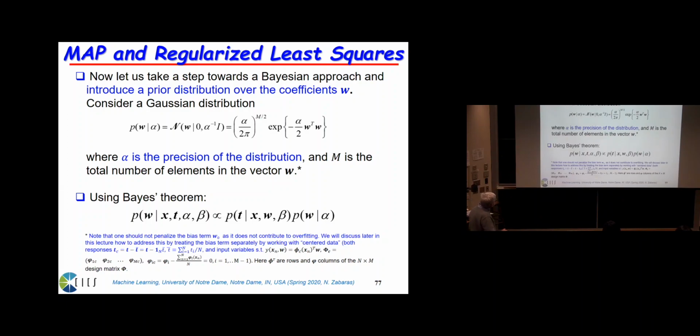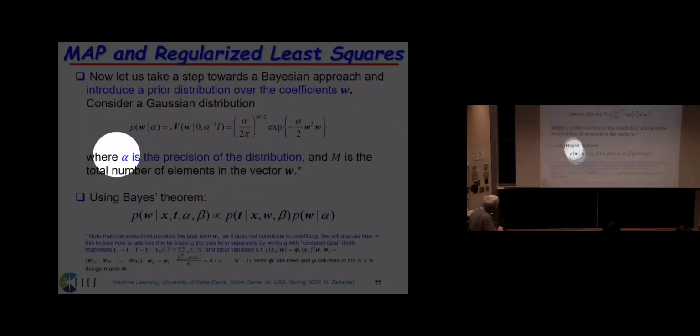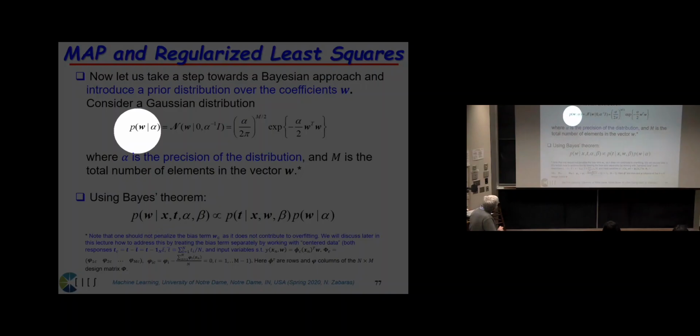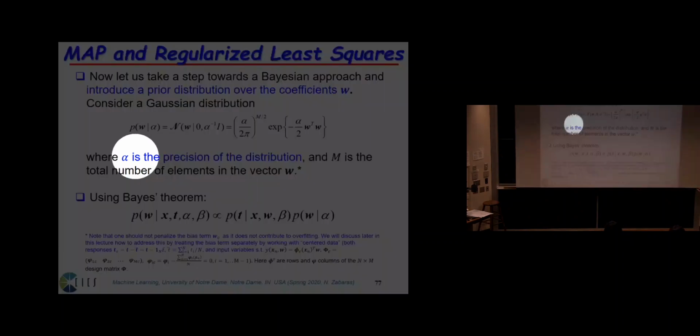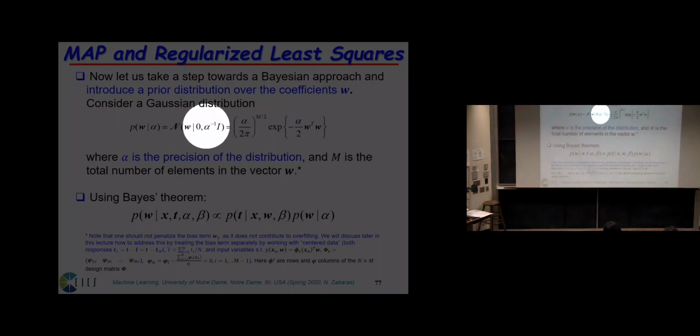But now I am going to put a spherical prior on the regression coefficients W. So I am going to make them random variables. So when I say the regression function is W transpose phi of x, now the W vector is a random vector, and I'm going to take the simplest possible form for the prior, which is a spherical Gaussian.